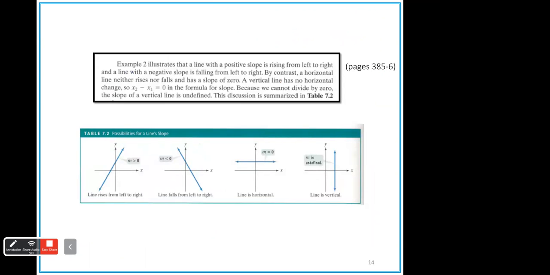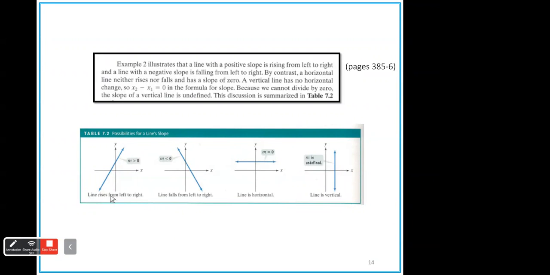Okay, so on page 385, 386 of your book, you will see mention about the nature of slopes, the possibilities for the slope of a line. So I think I just mentioned that, okay, if the gradient or the slope is greater than 0, that means it's a positive number.